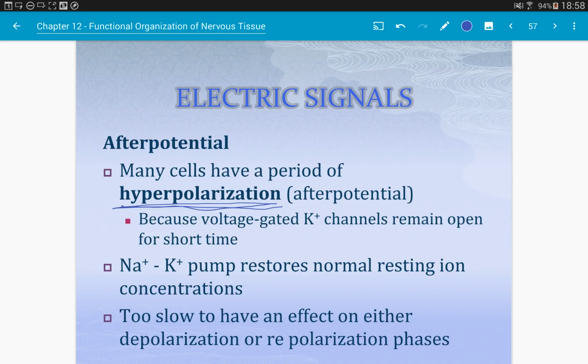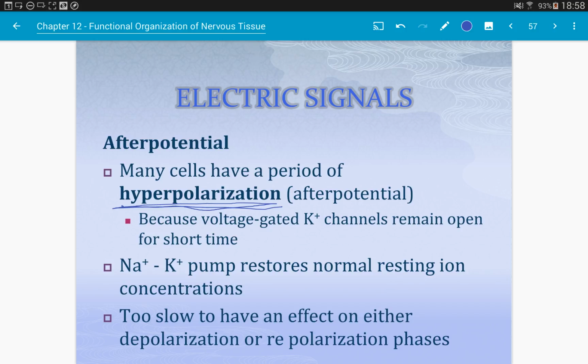So let's talk about the charge value of the resting membrane potential. Does it get closer to zero? If it's no, okay, hyperpolarization means that the resting membrane potential is even more negative, which makes it even more difficult or even impossible to generate an action potential during that after-potential period.